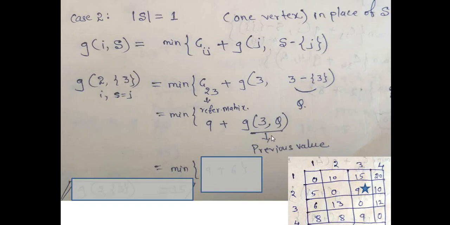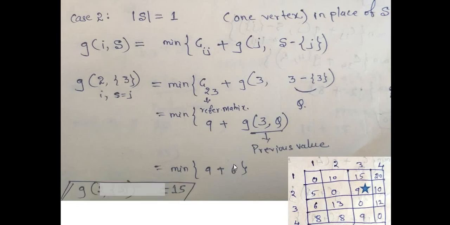I will write g(3, 5). So previously we have calculated g(3, 5), g(2, 5), g(4, 5). That value you have to substitute. 3 comma 5, that is the value 6. 9 plus 6, how much? That is 15. So what is the cost? g(2, 3) has the value 15. Is it clear?